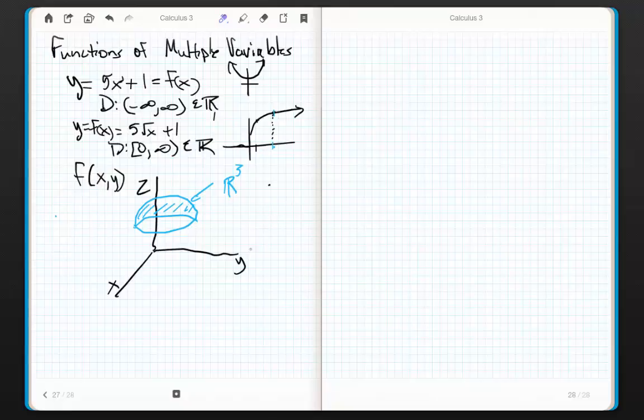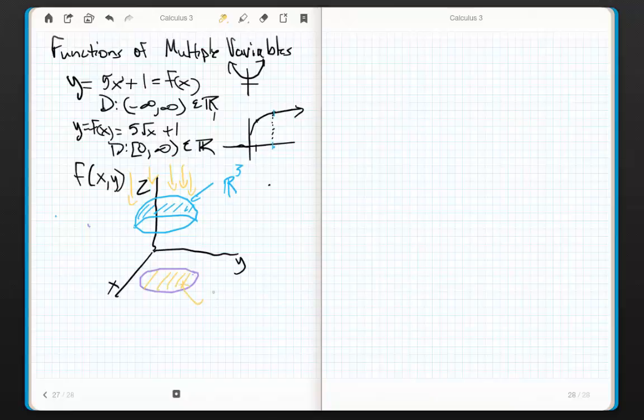What I'm going to have is a circular kind of shadow. The best way to think about this is a shadow. If I had a light shining down, what would it do on the xy plane? Well, it would give me this.